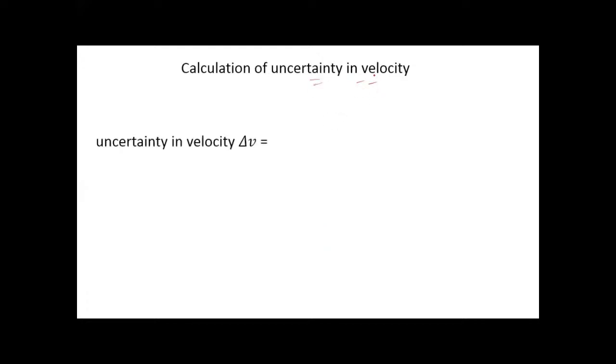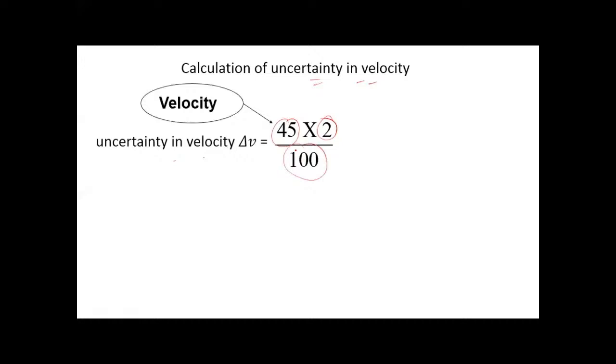First, we will calculate uncertainty in velocity. For that, we know uncertainty in velocity delta v will be equal to 45 into 2 divided by 100. Here 45 is velocity and 2 is accuracy. When we calculate it, the value comes to be 0.9 meter per second.